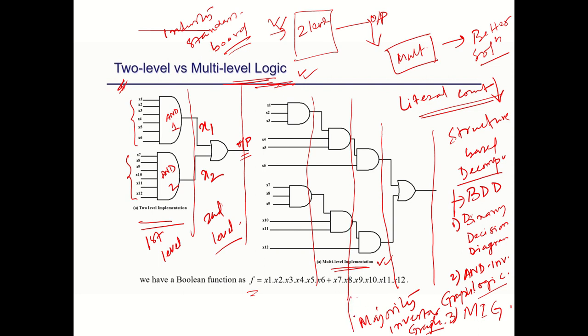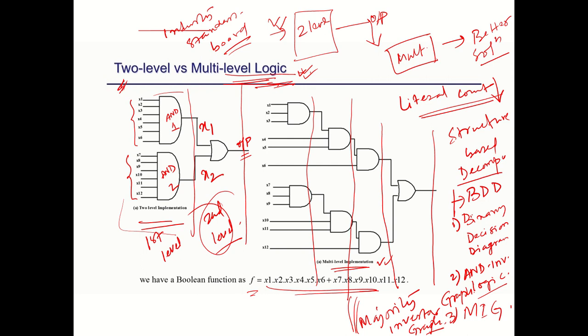So we need to come across these so that we can realize the same function in terms of multi-level logic synthesis. This is exactly the distinction between two-level synthesis and multi-level synthesis. In two-level we have the two-level structure. In one level it gives us some intermediate solution, and from that intermediate solution we get the two-level output.